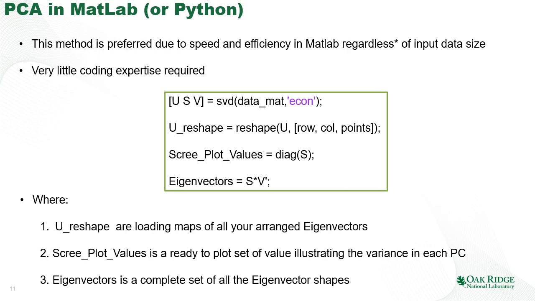We transform our U matrix to give us the correct data set for our loading maps. We can plot our scree plot, which tells us how relatively important these components are. And we also get the expression for the eigenvectors that determine our individual spectra.